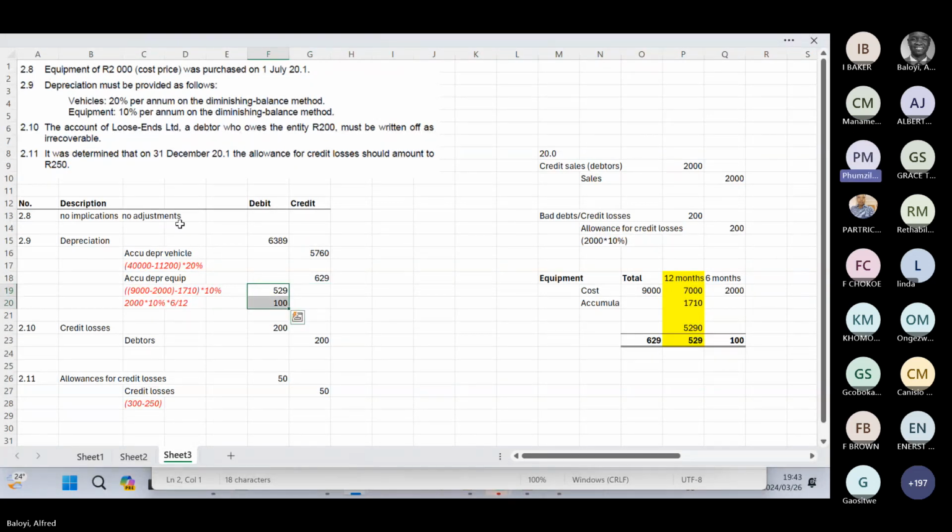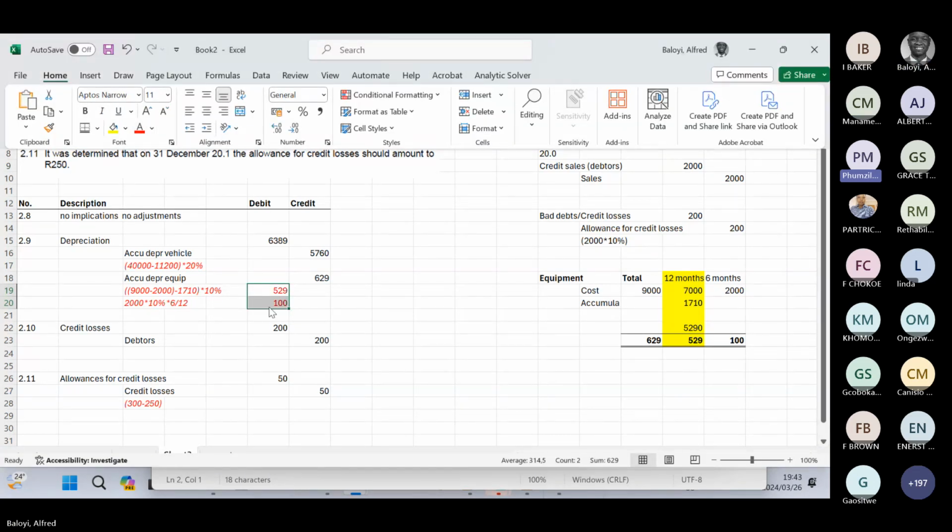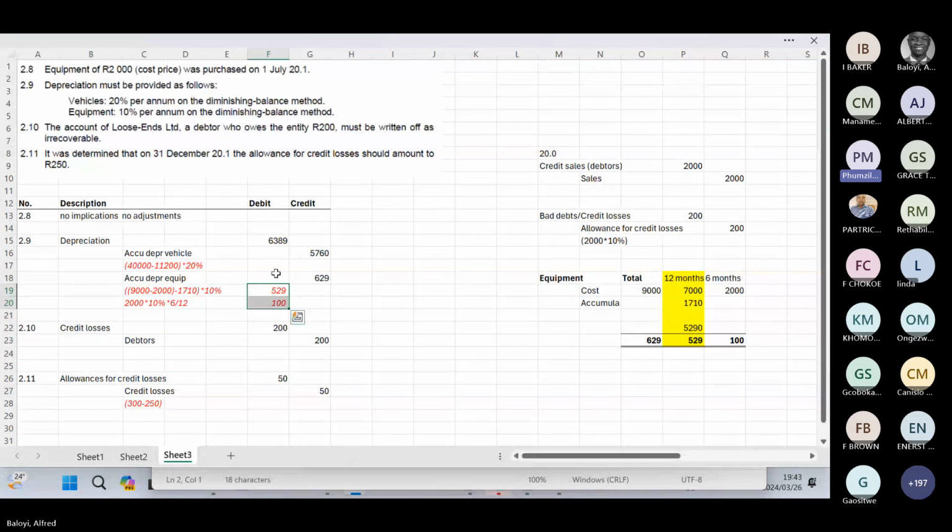Hello, sorry. Okay, so first of all, I just want to know why the 2.8. It looks like a separate transaction, like you said, 2.8 and then 2.9.